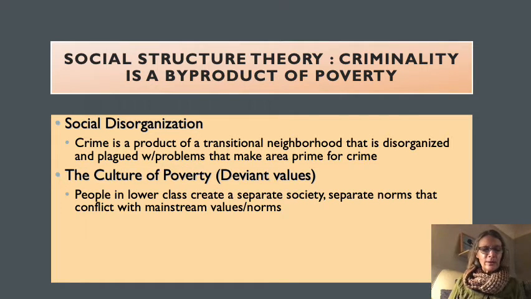And so in mainstream, more affluent or more functional areas, the mainstream norms are that you go to school and you graduate and you go to college and you get a job. And if you go to school, you will get a job that pays well, and then you'll be able to get married and provide for your family.